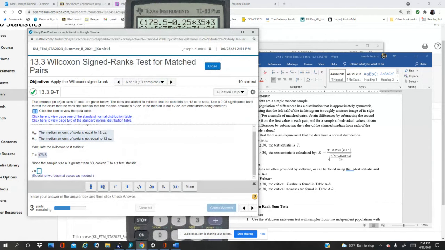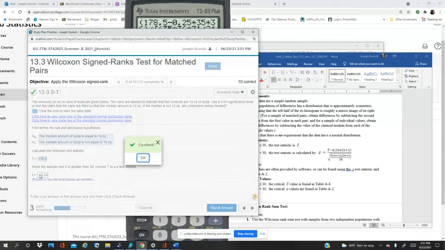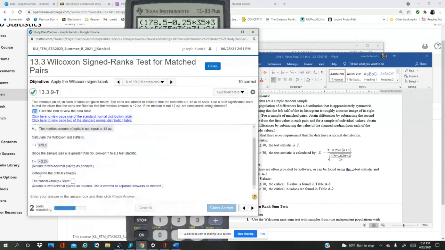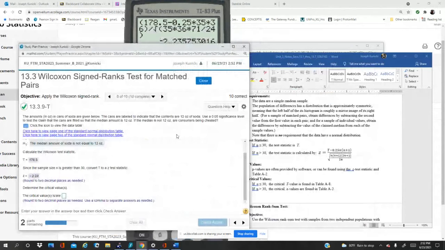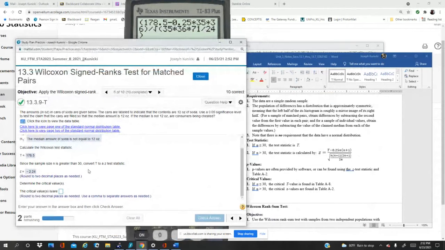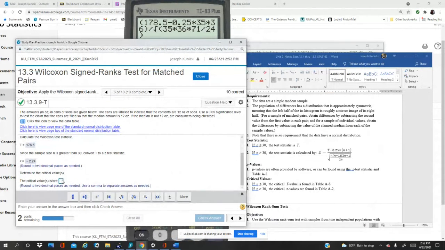So negative 2.24. Okay, critical values. Well, I forgot, it's 5%, so that's plus or minus 1.96. That's our old buddy.